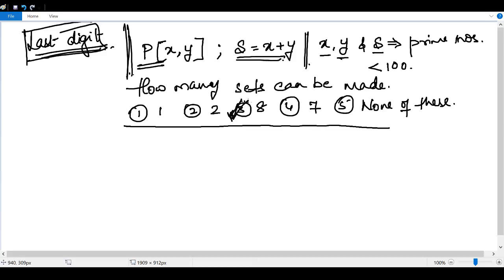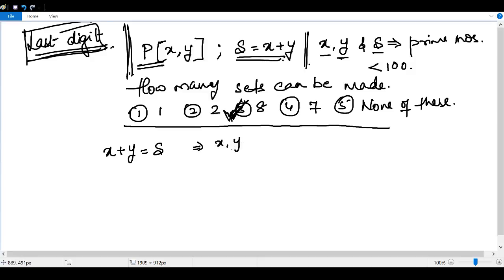So let's understand how. Right answer is 8. Let's look into how we are going to get this. Typically, x plus y is equal to s. And what is the condition?